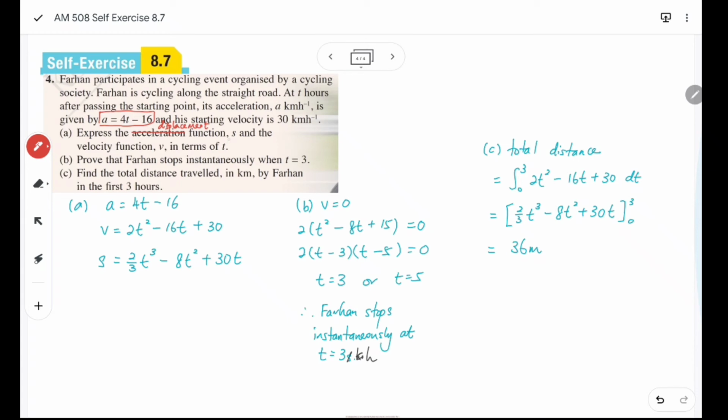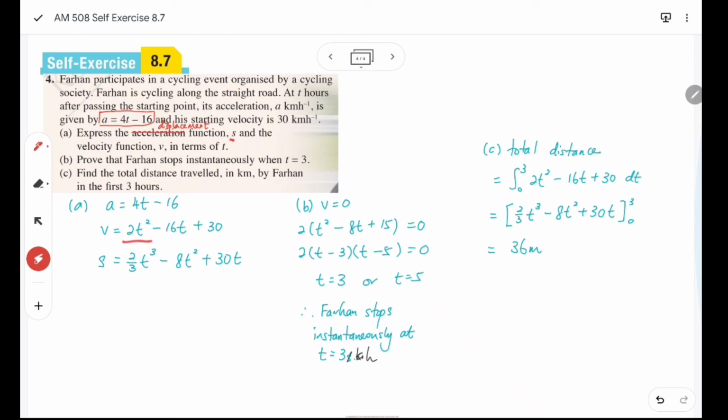Therefore the S is here. From the a given, 4t minus 16, we will get V equals to the integration of 4t minus 16 dt. So we get 2t squared minus 16t and the initial velocity of 30 km per hour, therefore we plus 30. So again, we integrate the V so that we can get the S, the displacement function.